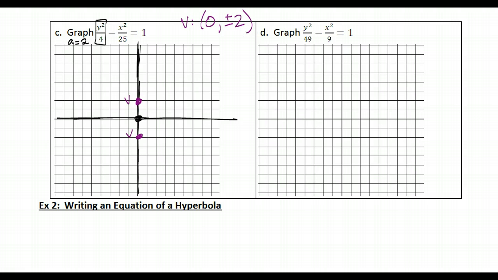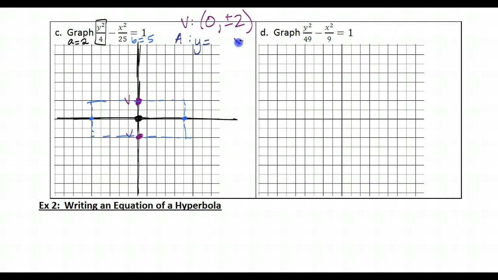And then to find the other point that helps me create my box, which doesn't have a name, I take the square root of the one under the negative, and that's a 5, and that's with x, so I go 5 in the x direction, 1, 2, 3, 4, 5, 1, 2, 3, 4, 5. It helps me draw my box in, and also helps me find my asymptote lines.